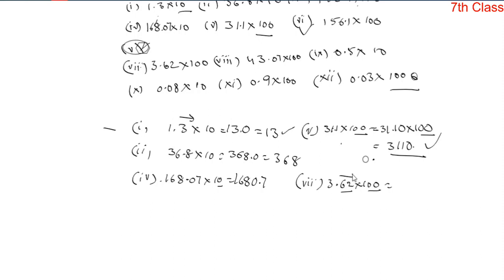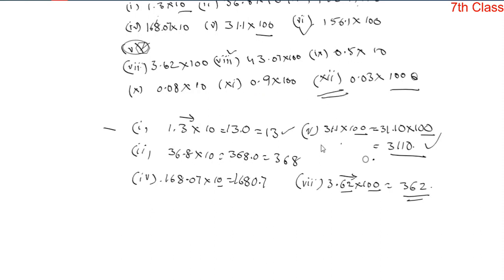So you should move the decimal point towards right 2 digits, which is equal to 362 point. That means 362 only. This is also same as this one. This is also HW, the eighth one, and you do this one also. You try at home. So the 8th, 9th, 10th and 11th ones are HW.